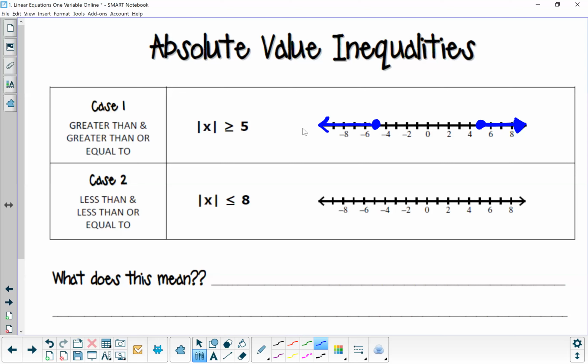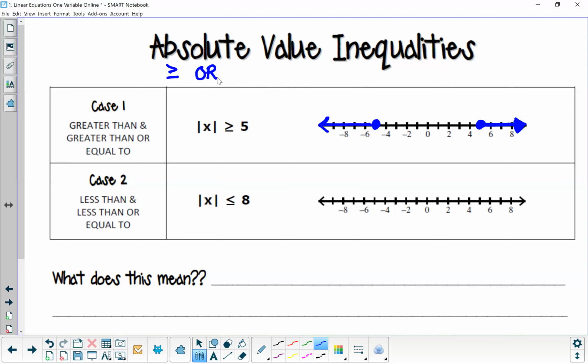So just like when we had equations and we separated into two equations, with inequalities you also want to make sure you isolate the absolute value expression and then separate into two inequalities. And so here, whenever you have greater than or equal to, I want you to make note that's going to amount to a compound inequality with or.